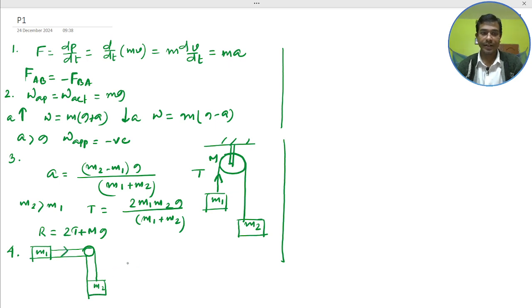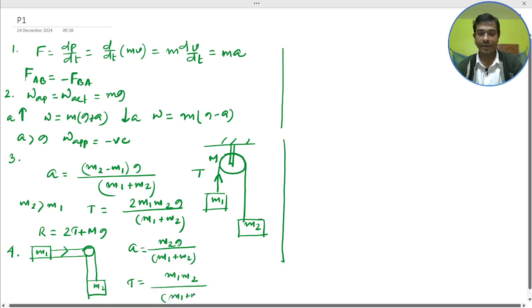In this figure the acceleration a is m2 g by m1 + m2, which you get from the equation of motion of the two bodies. The tension is m1 m2 by m1 + m2 into g.